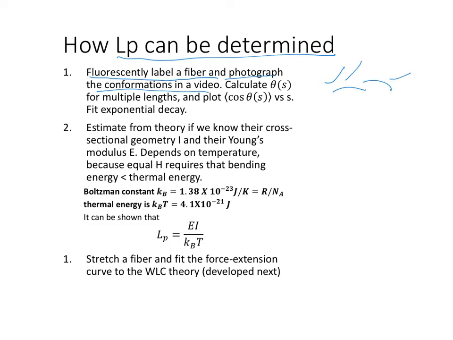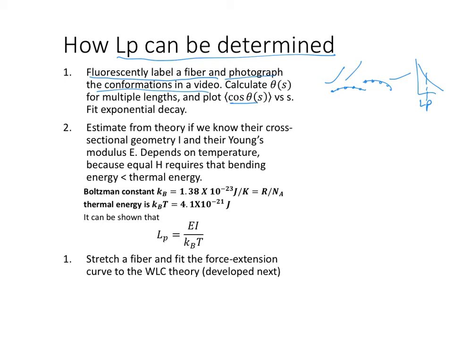And if you consider all of those conformations, for each of them you calculate cosine theta of s, and then you can calculate the average cosine theta of s, and you can do this for a series of distances along each of those fibers. That is a series of values of s, and when you plot that, you'll see an exponential decay. You'll fit the decay curve and calculate the persistence length.